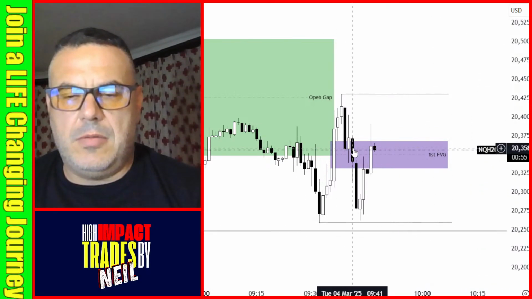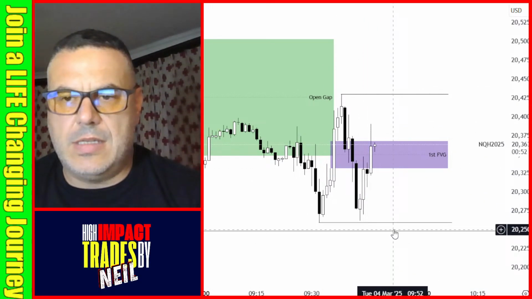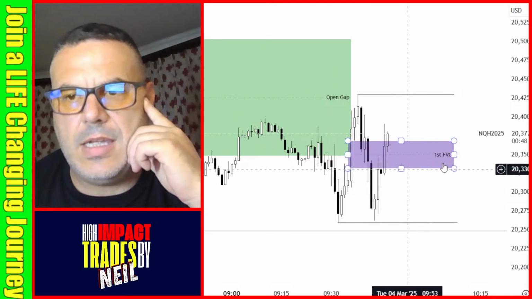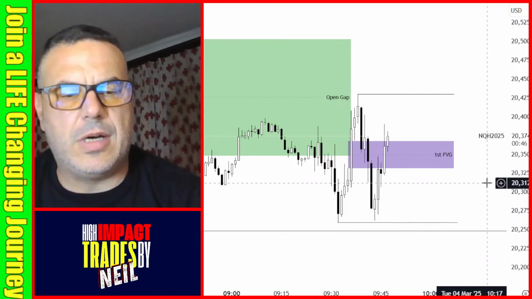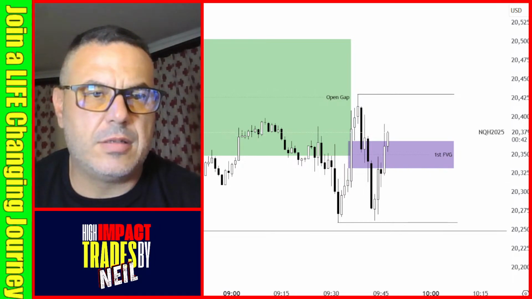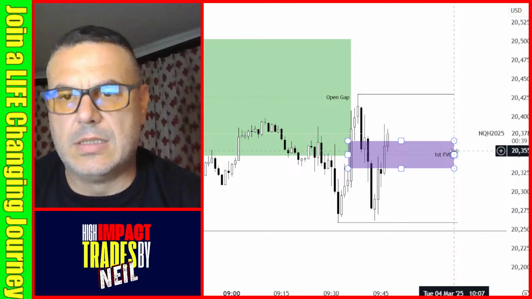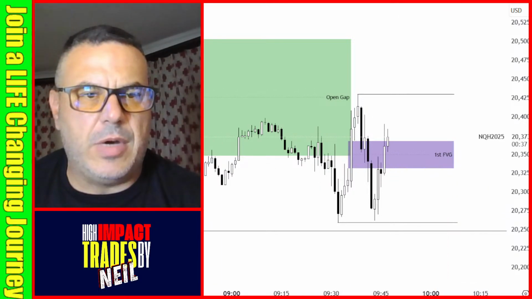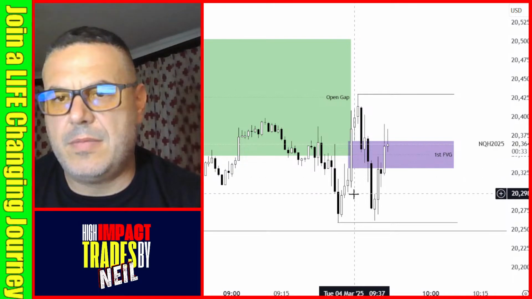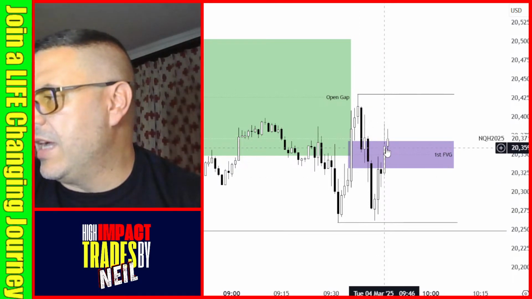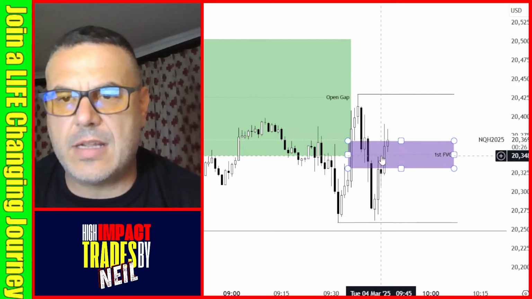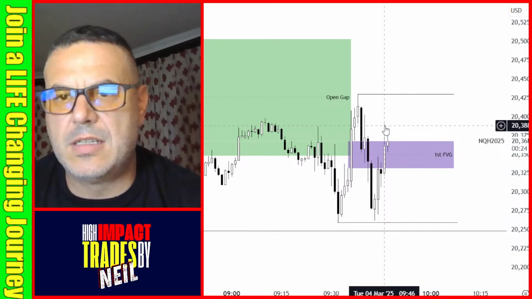I don't want to see a breakthrough here to go lower because I don't have any other reason why I think we should go lower. So the reason why I closed here is because maybe it is a pullback, but I'm not too keen, especially if this candle closed above the 50%.